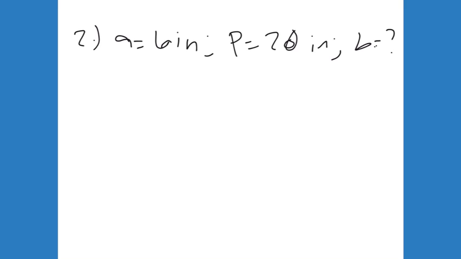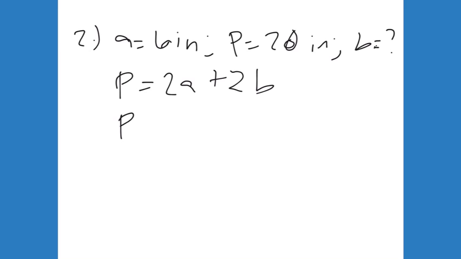Example number 2. If A is equal to 6 inches, then the perimeter is equal to 20 inches. What is B? So P is equal to 2A plus 2B.